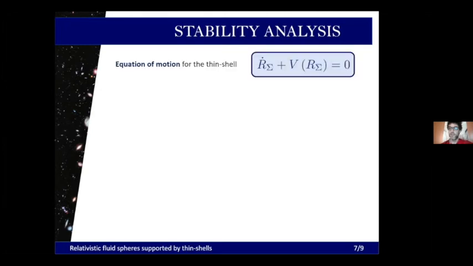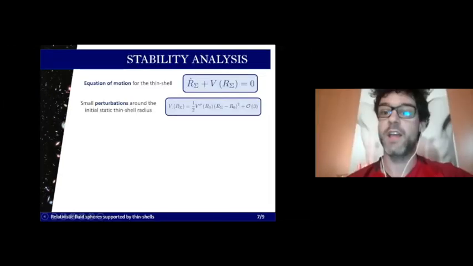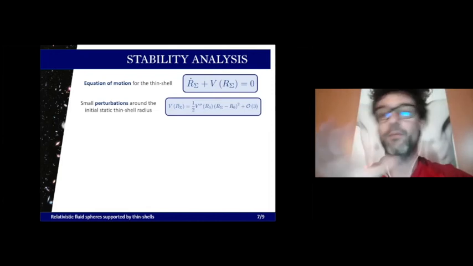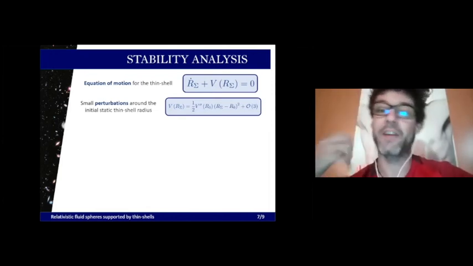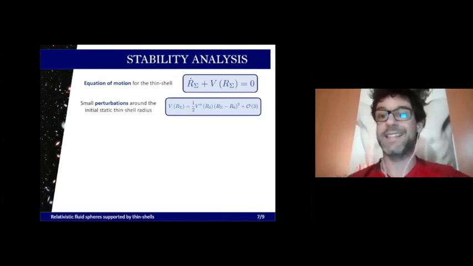So mathematically, what you have to do is find the equation that governs the dynamics of the star. And this is exactly the same equation that governs a pendulum or a pen balanced in your hand. It's exactly the same equation. It's the equation of motion. And then you have to verify if the potential of this equation of motion has a positive or a negative concavity. So for those of you who have a mathematical background, what you have to do is compute the second derivative of this potential and check the sign of the second derivative.